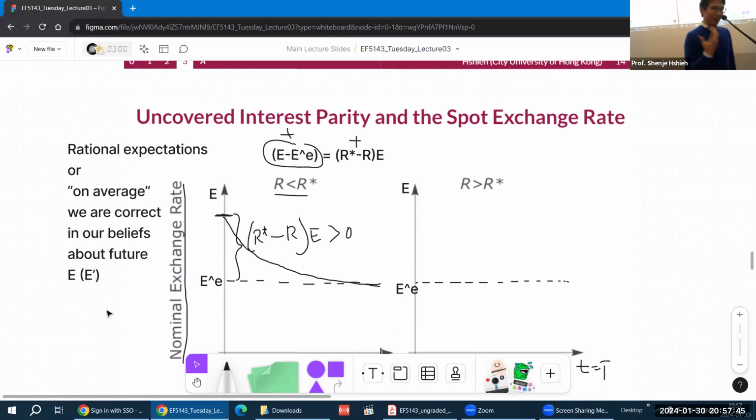Said in another way, in a more equilibrium kind of argument: if we have R star minus R, if there's an interest rate differential between countries and carry traders want to exploit this, this differential is only possible if there is sufficient room for the spot rate, the home currency, to appreciate over time.